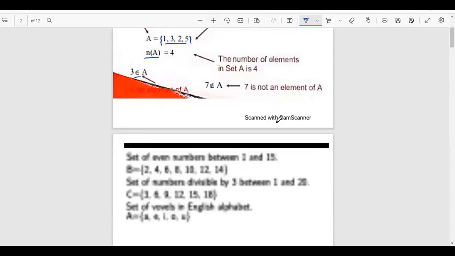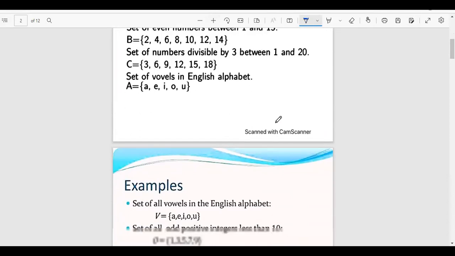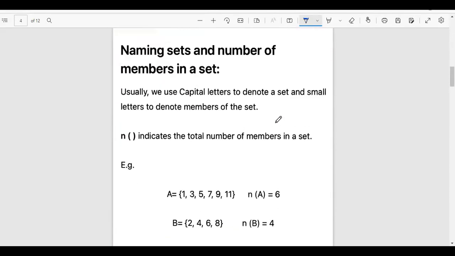Okay, then we discussed different types of sets, different examples like set of even numbers, set of numbers divisible by 3, and set of vowels. Okay, then we discussed in order to name a set, we use a capital letter, that is fine. And in order to talk about the number of members in a set, we use this notation.